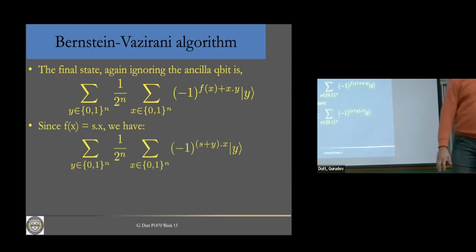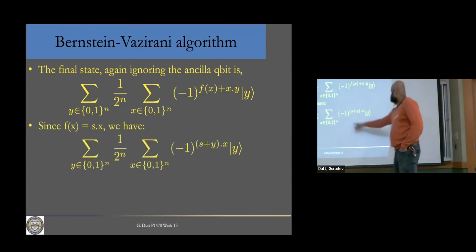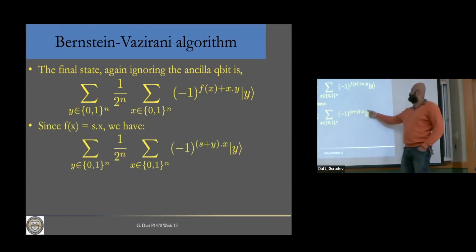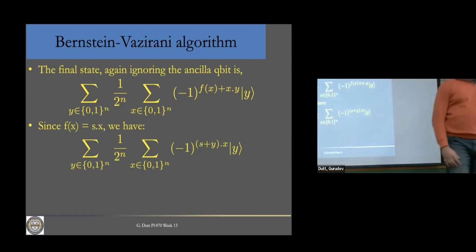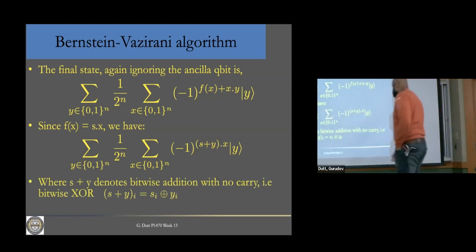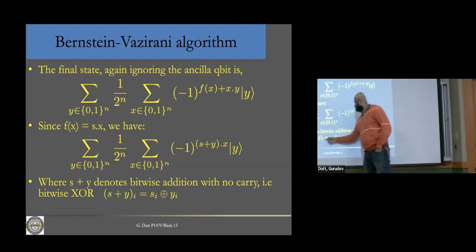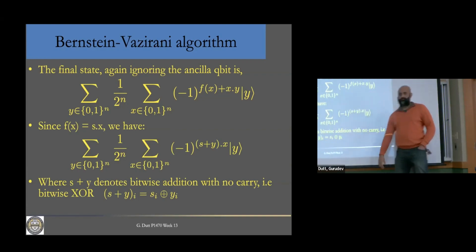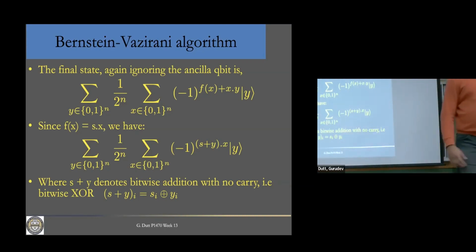Since f of x equals s dot x, this gives us minus 1 to the power s plus y dot x, where s plus y is taken modulo 2, as usual. So s plus y denotes the bitwise addition with no carry, i.e. bitwise XOR, which is s_i plus y_i modulo 2. That's the usual addition that we carry out with binary digits. So that's pretty straightforward, I hope.